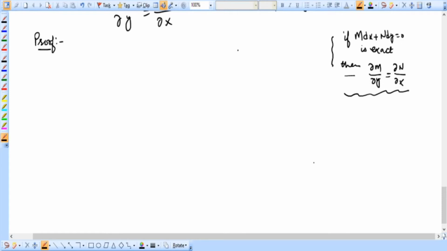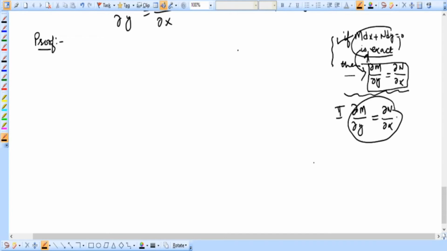Okay, in this part we will be assuming that this is exact, and from this statement we are going to prove that the second statement is also true when the first is true. And in the second part we will be assuming the converse, that is ∂M/∂y is equal to ∂N/∂x.